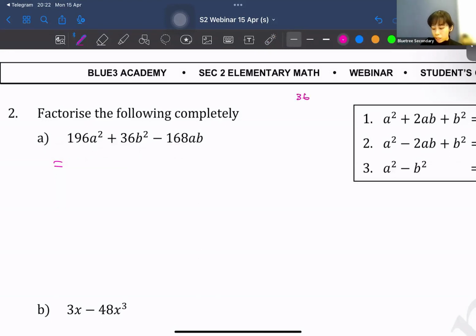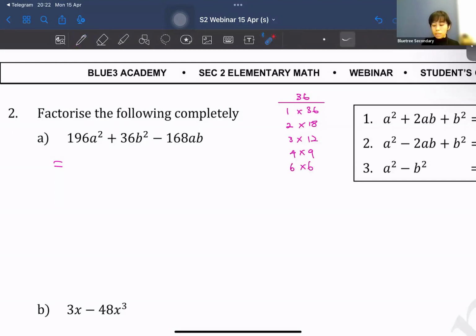Go and list down the factors of 36. That's going to be 1 times 36, 2 times 18, 3 times 12, 4 times 9, and 6 times 6.